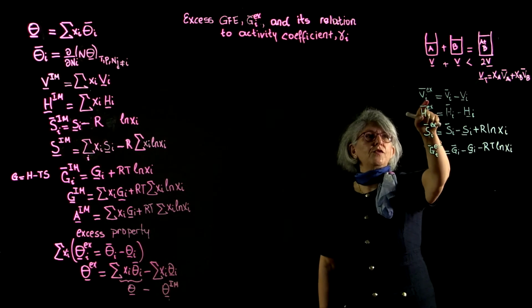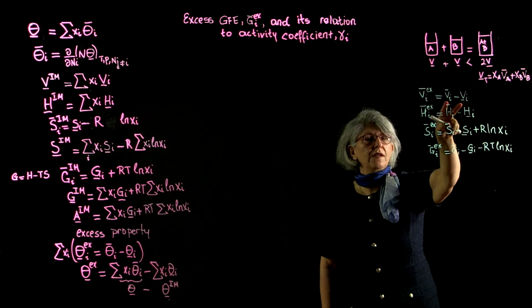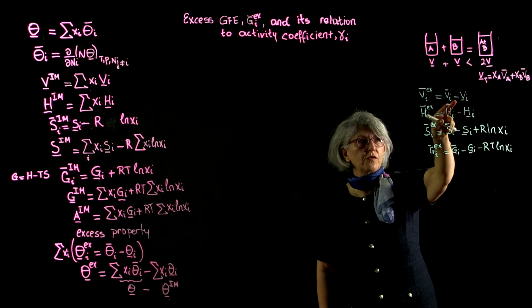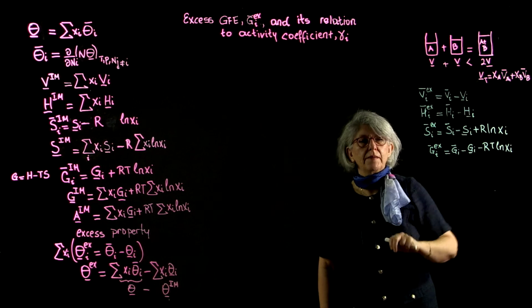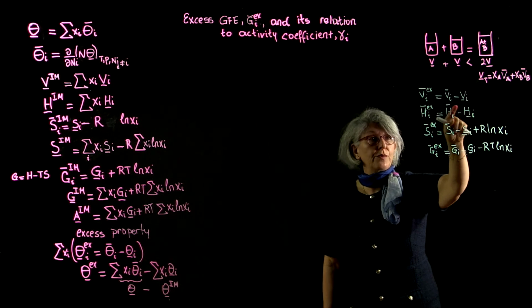So the excess volume is going to be the difference between the partial molar volume of component i minus the pure component.